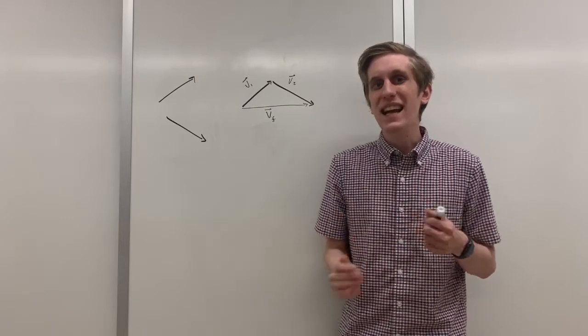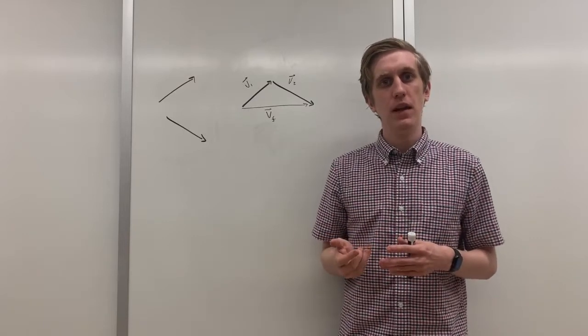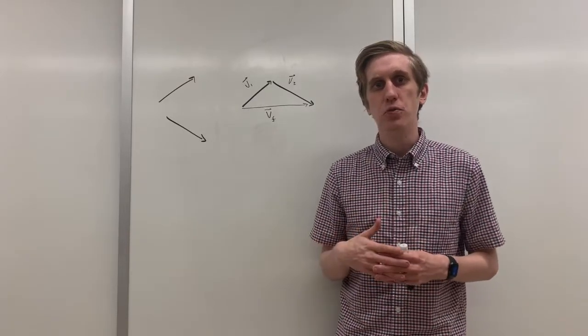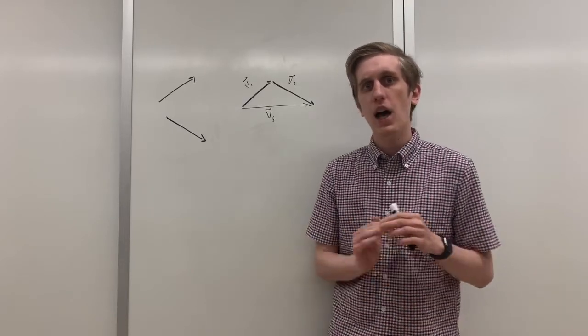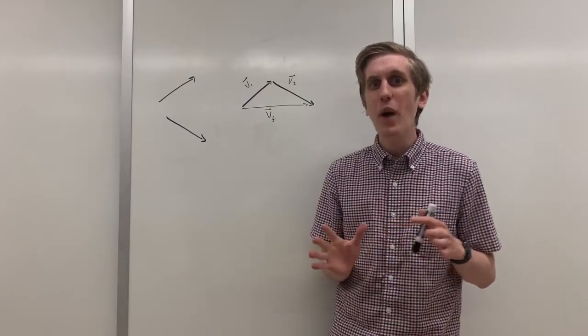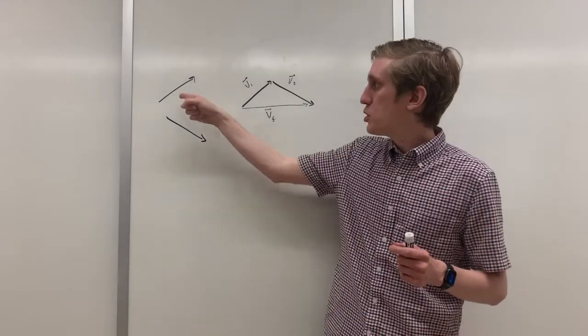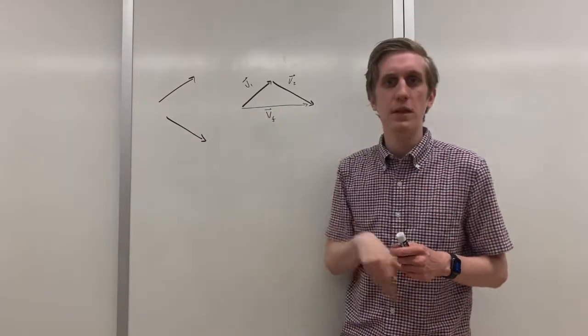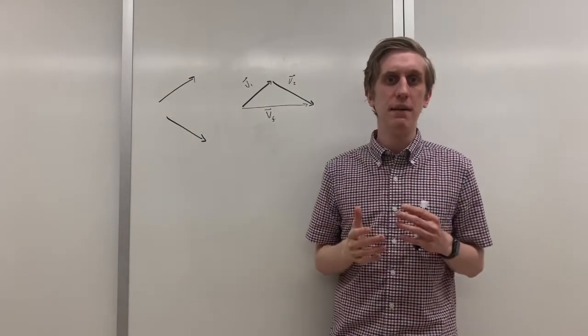As with numbers, it does not matter what order we add vectors in. Vector 1 plus vector 2 is just the same as vector 2 plus vector 1. Another thing to note is that we can always move vectors around as we like. The fact that we took these individual vectors and moved them over here doesn't change them. They're still the same vector.